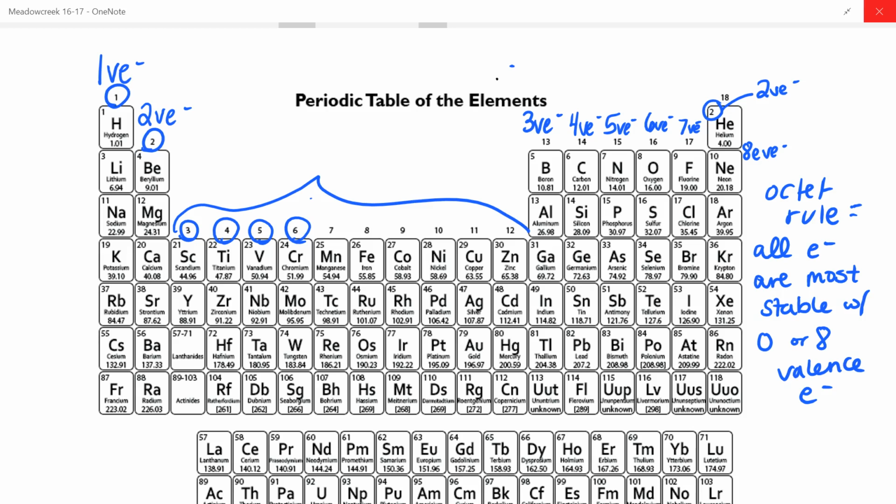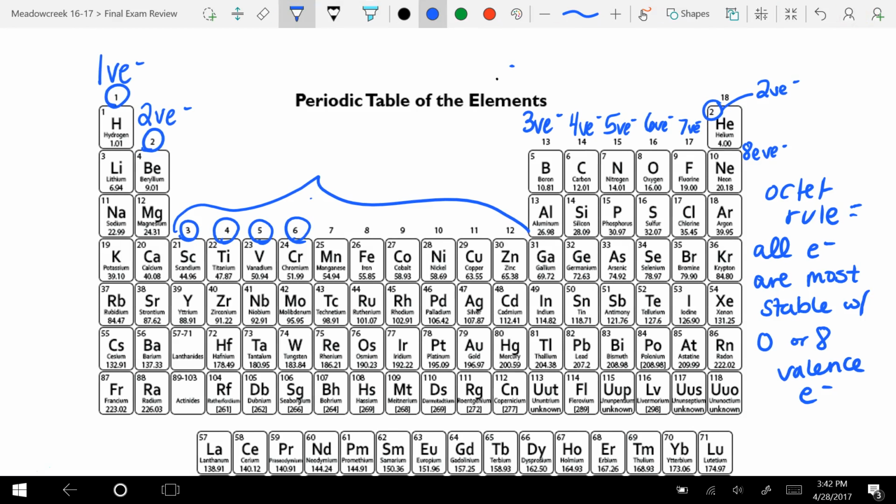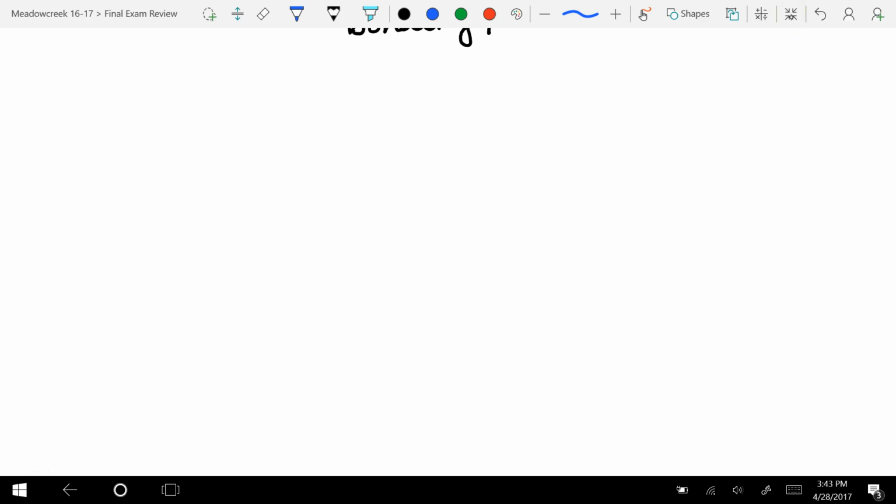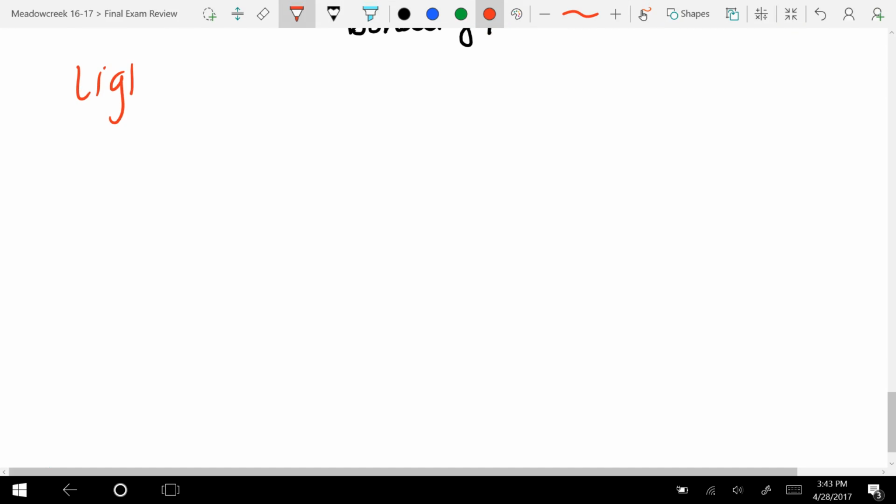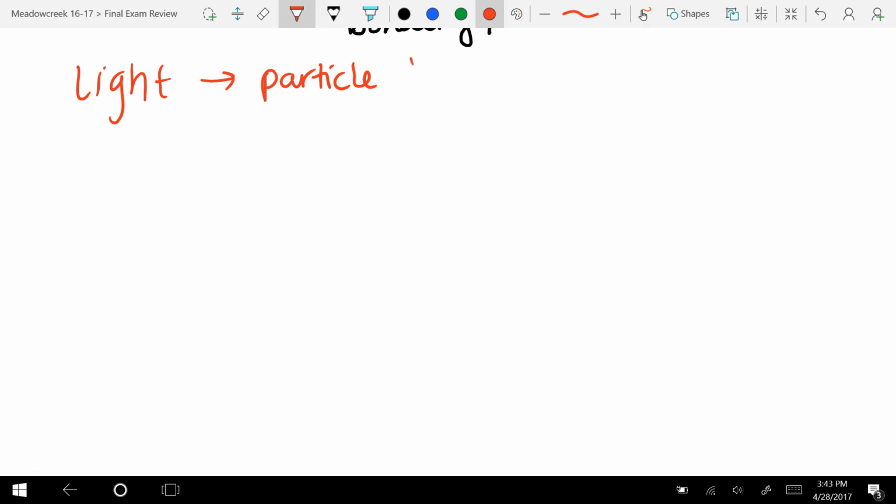Okay, so that's dealing with electrons. But electrons are also how we deal with light. So let's talk about that. When we're dealing with light, light has this thing called particle duality.